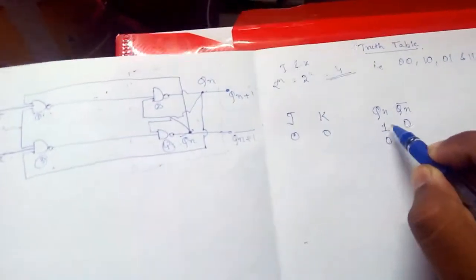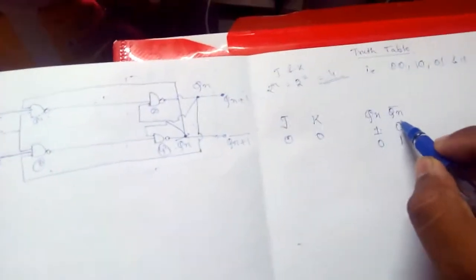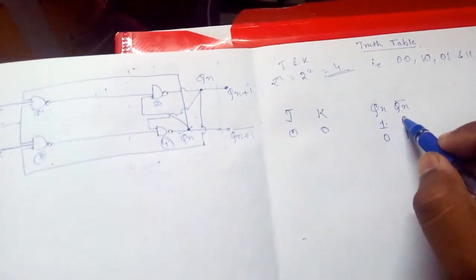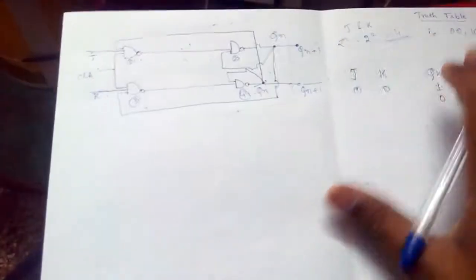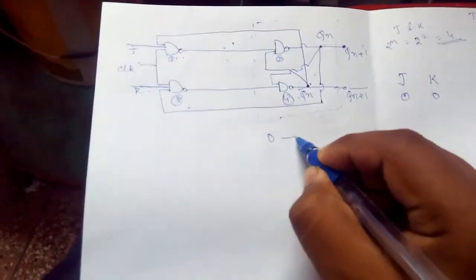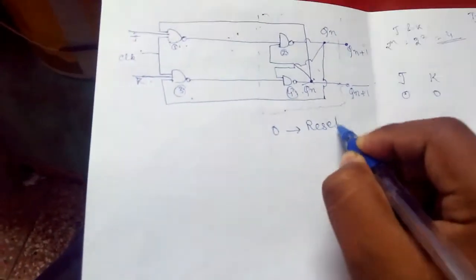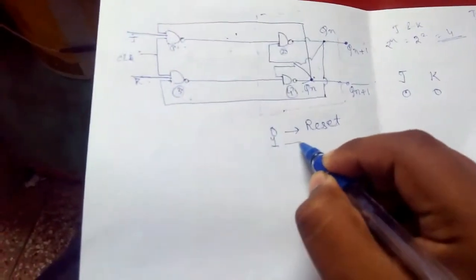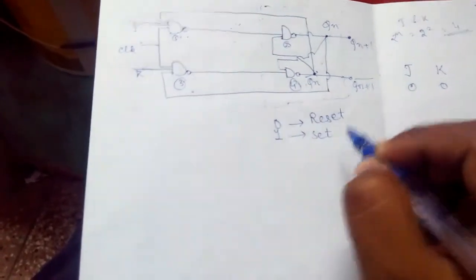When Qn is at set mode, the Qn dash should naturally be at reset mode. 0 represents reset and 1 represents set mode.